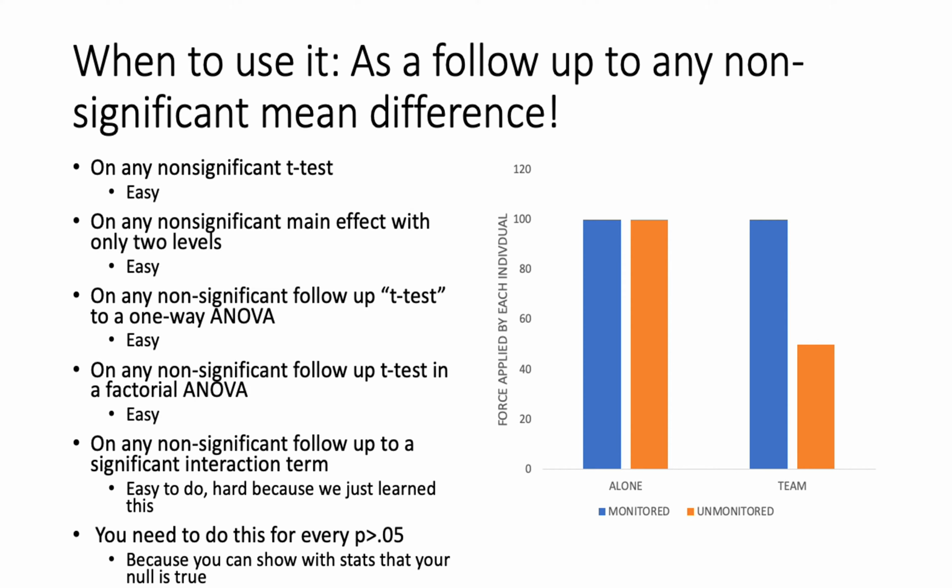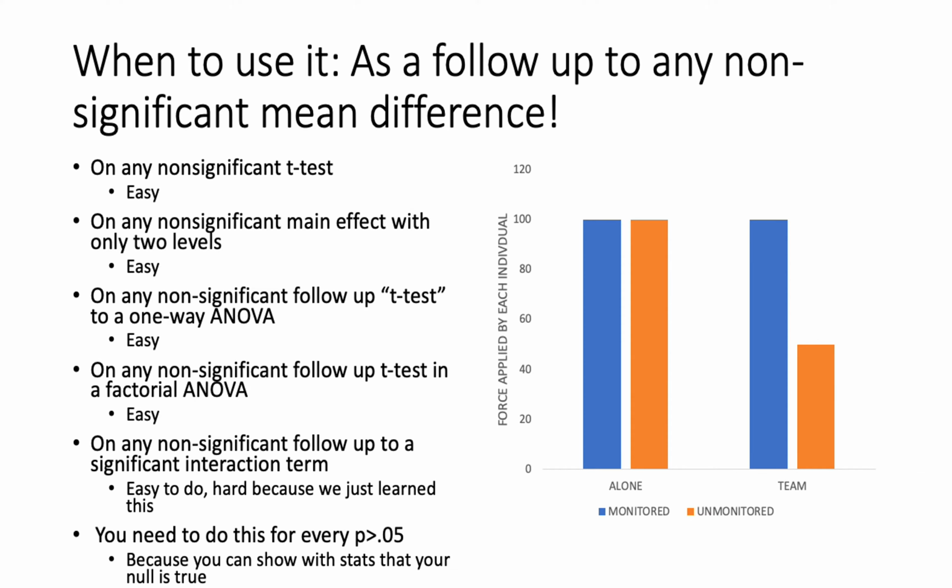You can also run it on any non-significant follow-up t-test to a one-way ANOVA. That's 3 or more groups, right? Yeah, you can do it there. You can run it on any non-significant follow-up t-test in a factorial ANOVA. So in the one-way ANOVA, you know how we did a bunch of follow-up t's if we found significance? Well, you can do it when you find non-significance too, but you can run a TOST afterwards, right? You don't necessarily have to run the t-test.